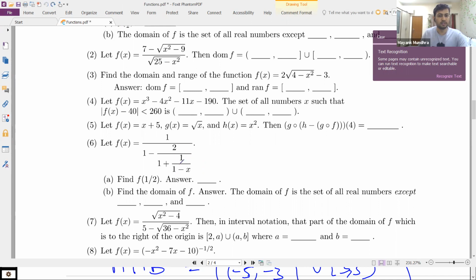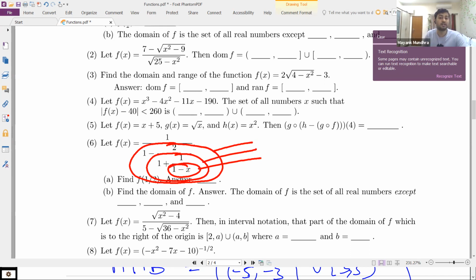Then this entire thing should be non-zero, and finally this entire thing should also be non-zero. So you get condition 1, condition 2, condition 3, and then you take the intersection of these 3 conditions. You draw sets for each of them, and then you find the intersection of these sets.